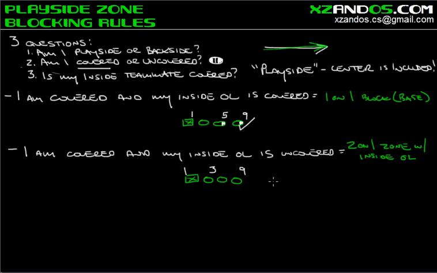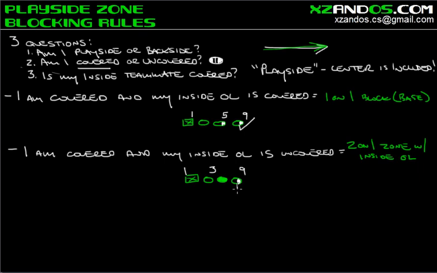Again, going from outside in, the tight end says, I am covered, but my inside offensive lineman, the playside offensive tackle, is uncovered. He doesn't have a defensive technique on him. So he is in a 2-on-1 with the inside offensive lineman.